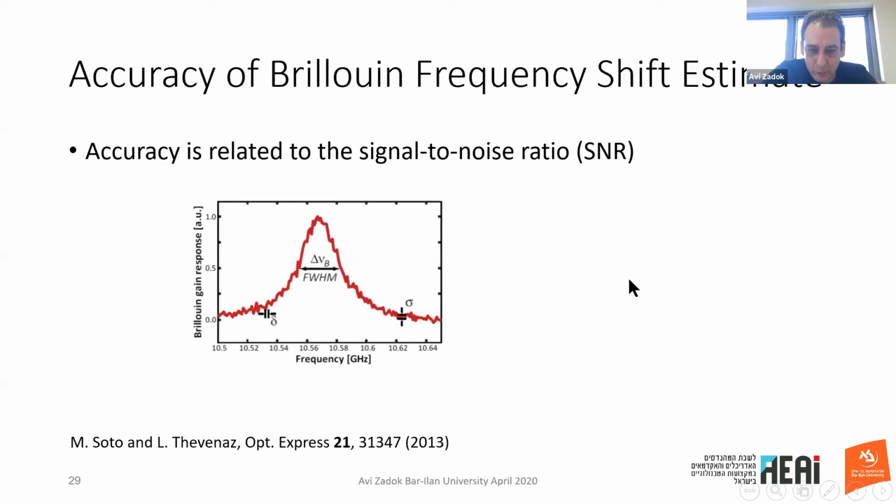And the same group at EPFL, this is Luc Thévenaz and Marcelo Soto, who is now himself professor in Valparaiso in Chile, they devised a relation between the SNR and the accuracy of the measurement. Sigma B here is the standard deviation or the experimental error uncertainty in the Brillouin shift. The better the SNR, the smaller the error.